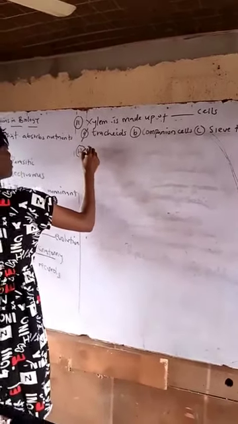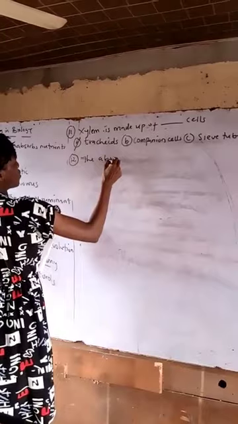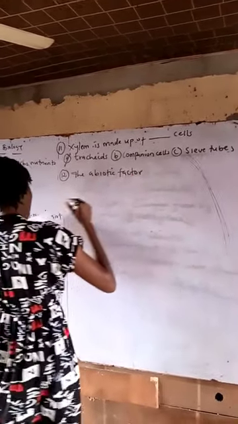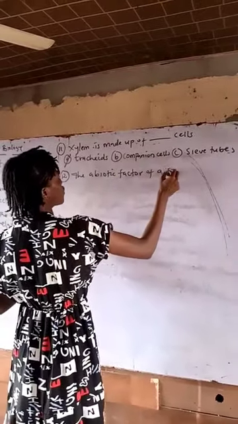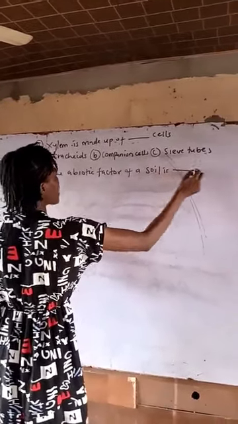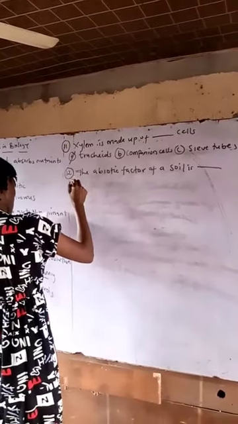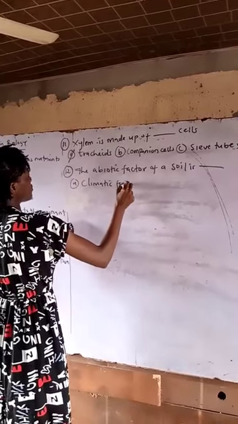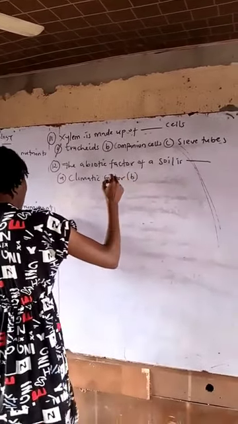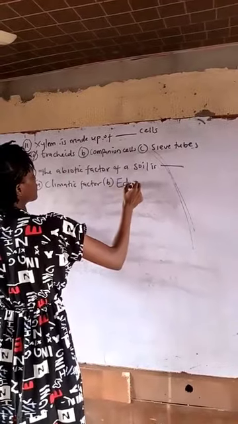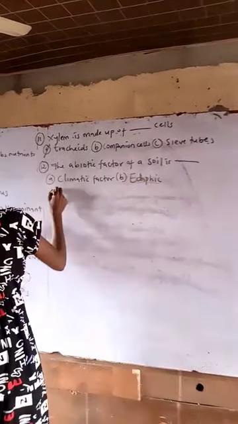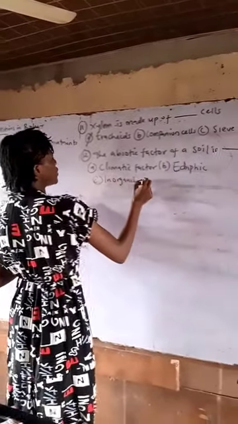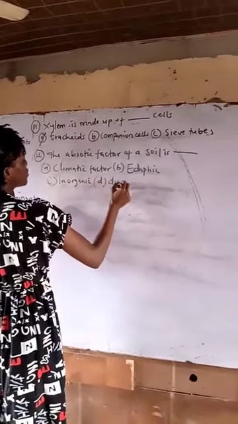The next question says the abiotic factor of a soil is dash. A, climatic factor; B, edaphic; C, inorganic; D, dust.